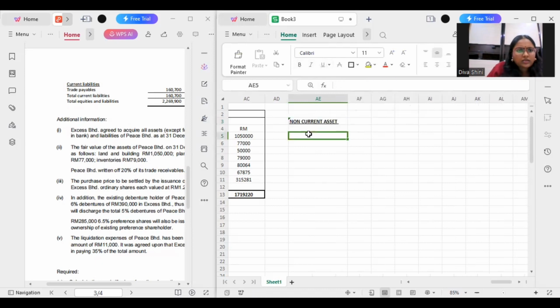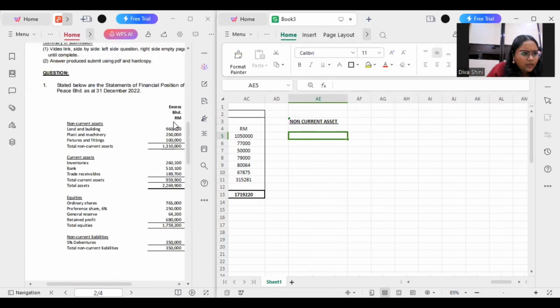The non-current assets are land and building, plant and machinery, and also goodwill.